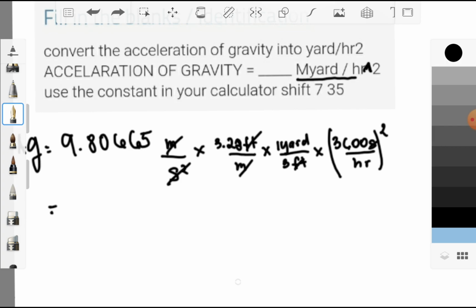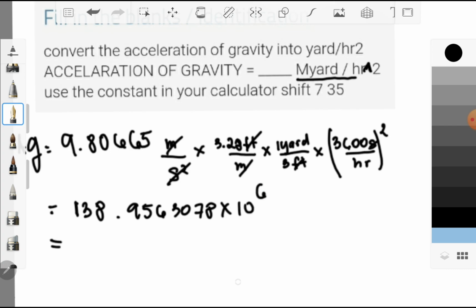So, mapapansin nyo, meron kang 138.9563078 times 10 raised to 6, or it is equal to 138.996 mega yard, di ba?